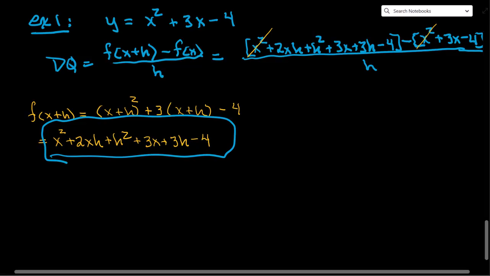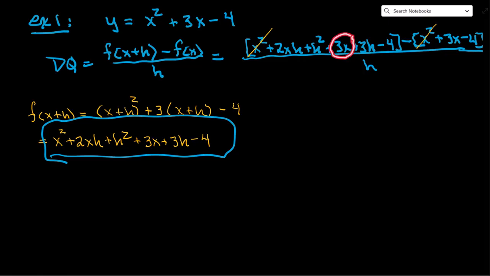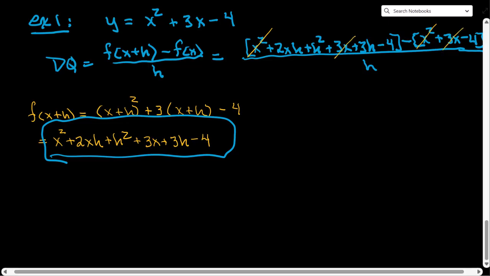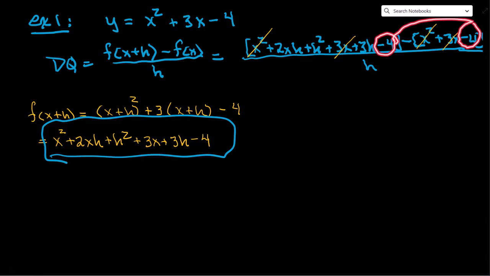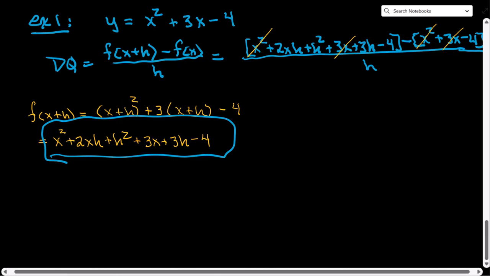Notice next we have a 3x here minus a 3x here. Those will cancel off when we subtract. Now be careful on this next one. We have a minus 4 and minus a minus 4. So that's going to give us a minus 4 plus 4. Aha! Those cancel out as well.